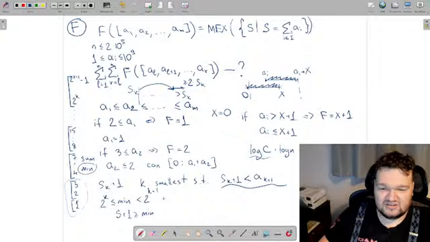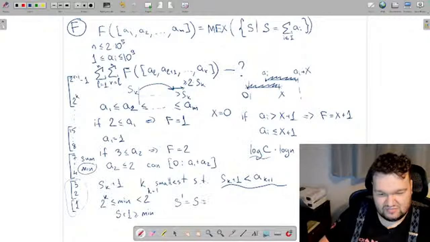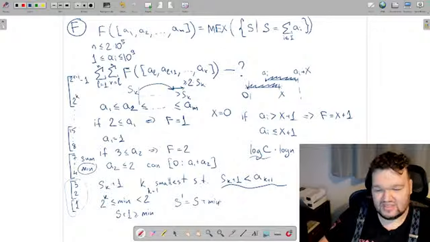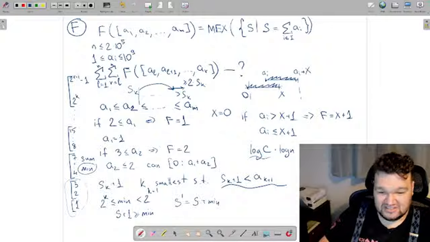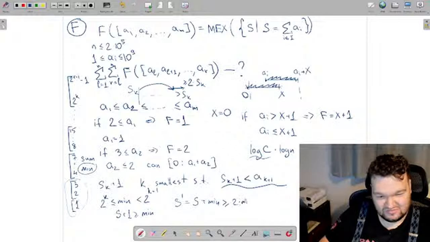So when we have a new sum, it will be old sum plus minimum. And the old sum is at least minimum minus 1.